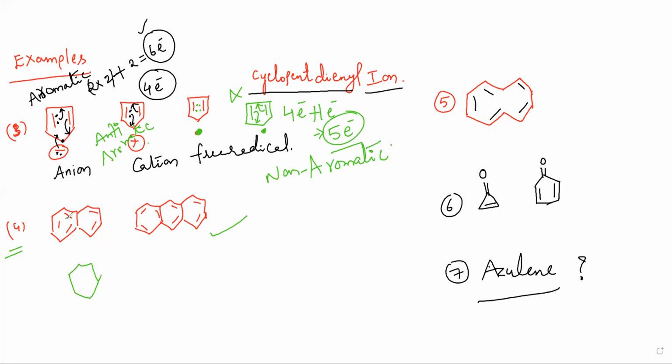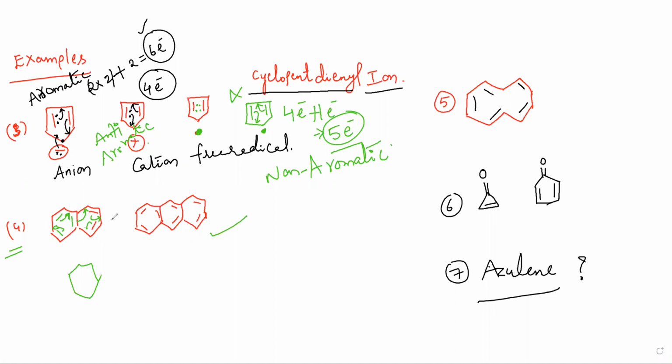Here also there is conjugation throughout the ring. Sorry, the pi bonds will not be like this; the pi bonds will be in this way. So there will be conjugation throughout the rings.